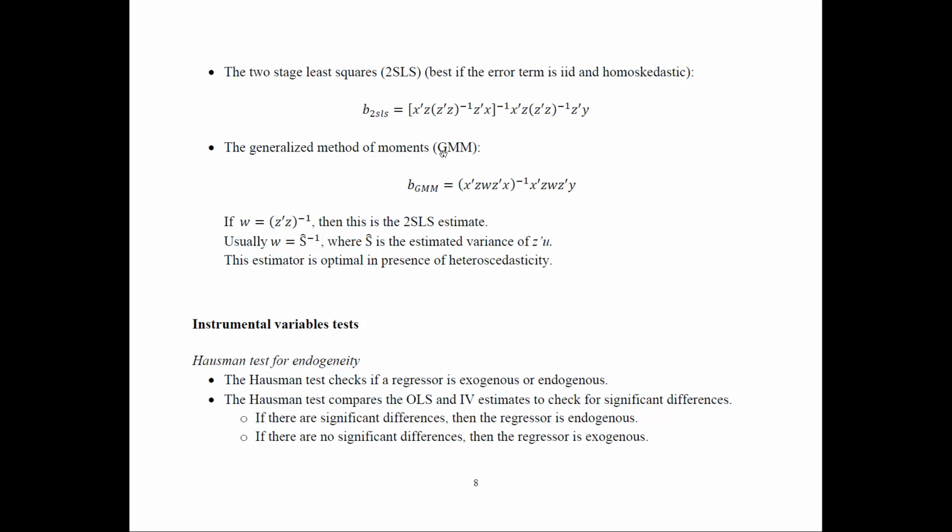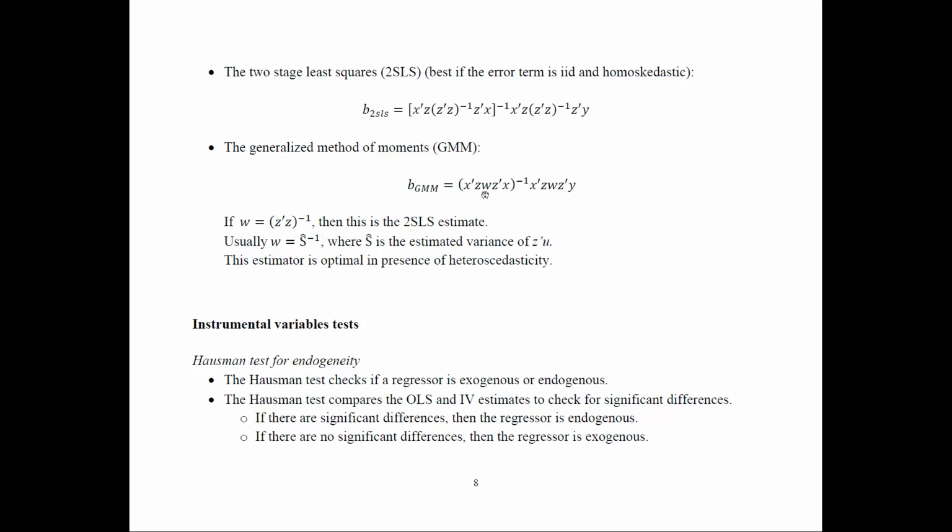The next way in which we can estimate these models is using the generalized method of moments, GMM, and we would have this expression for the coefficients. And here W, that weight matrix, would be Z prime Z inverse. If we have this one equal to this one, basically these two would be identical.